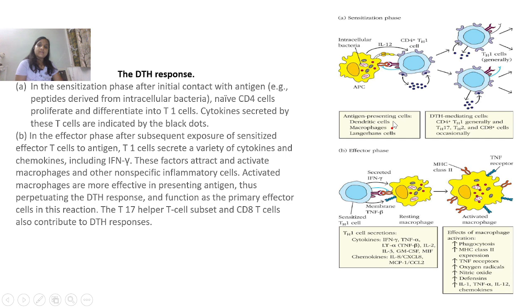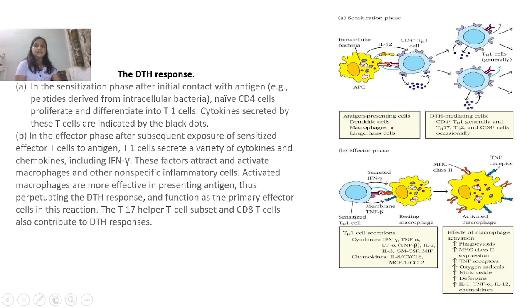Here, antigen presenting cells can be dendritic cells, macrophages, or Langerhans cells. And here you can see the CD4 Th1 generally and Th17 also, they can make, Th2 as well as CD8 plus cells they can make. So the cytokines are secreted by these Th1 cells where they are acting on their own receptor, making them proliferate more and more and making new Th1 or other types of cells.